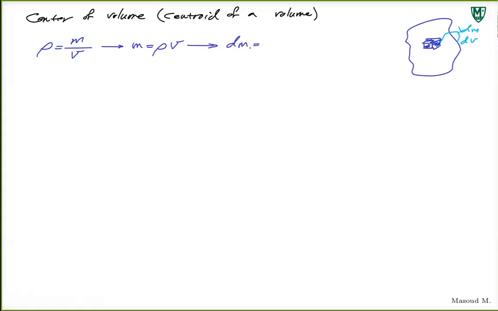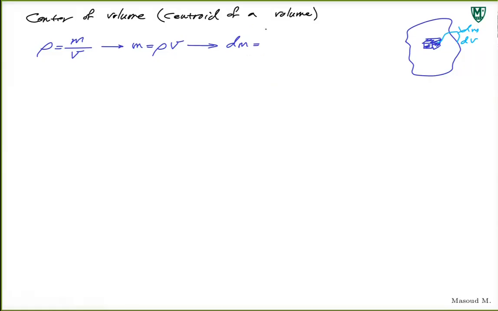Rho is a constant, a property of a material. Water has a specific density, any object has a specific density. It doesn't matter how small you make it, any size of an object made of that material has the same density. Density is not something that depends on the quantity.